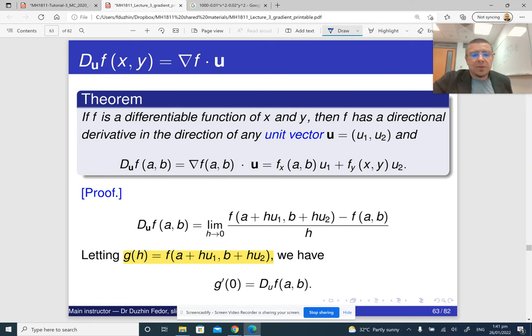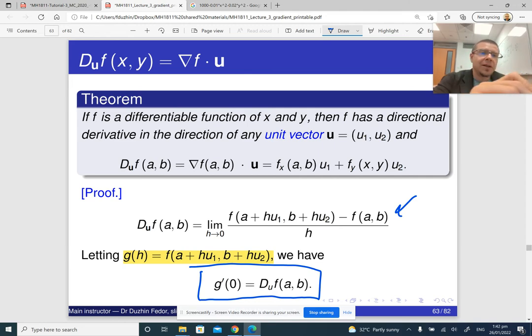So we introduce this function, and then we realize that this fraction is just the definition of g prime of 0. I think it's easier to do that than to directly apply the definition of the derivative.